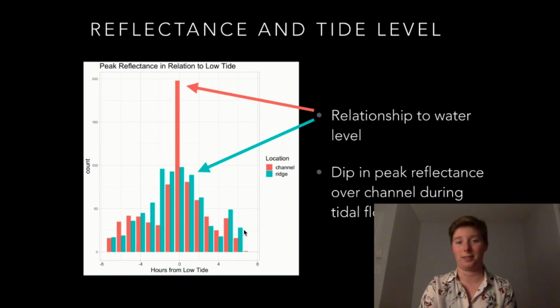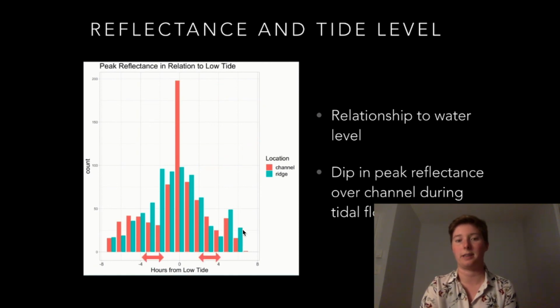And that's pretty good. Now, there's also a pretty interesting thing going on with the channel, and this is something that I haven't currently expanded my research on, but I think would be very interesting to continue researching, where yes, there's this really dramatic amount of high reflectance samples at low tide, but there's also two kind of secondary patterns here where about 6 hours before low tide, or what would be the previous high tide, and about 6 hours after high tide, there's higher levels of peak reflectance here than in the hours between, which would be when we would be seeing peak flow.